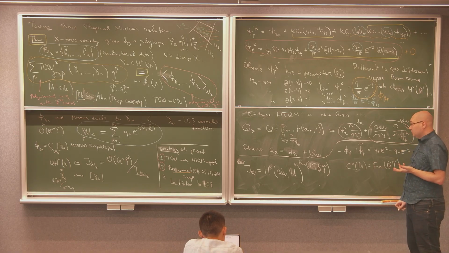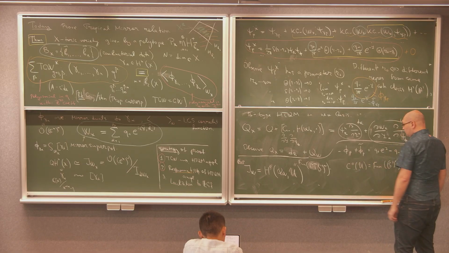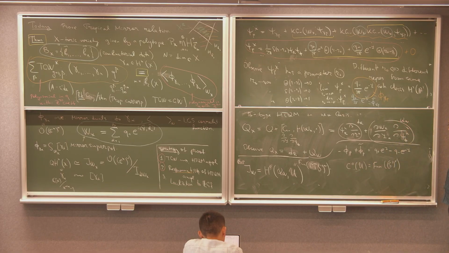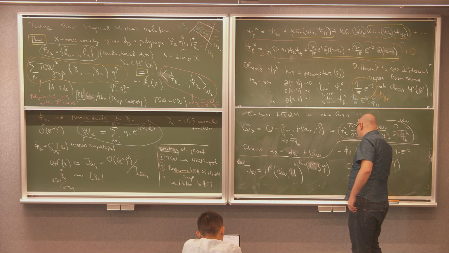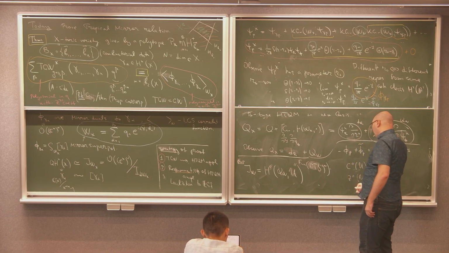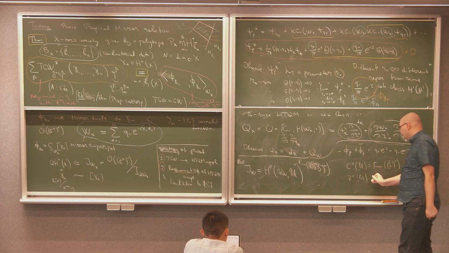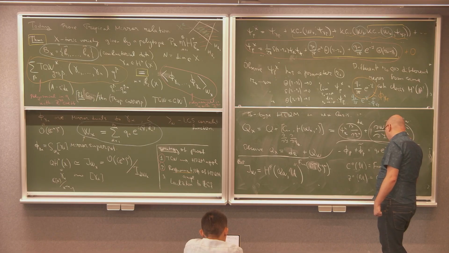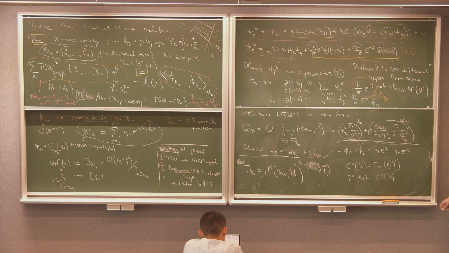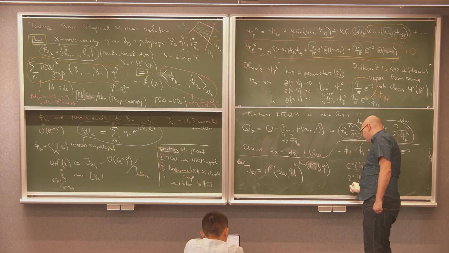So what about zero cycles on this complex? That matches with all zero chains. All zero chains are closed with respect to this differential, because the differential takes a derivative over psi phi. So zero chains are zero cycles. So what about zero boundaries?